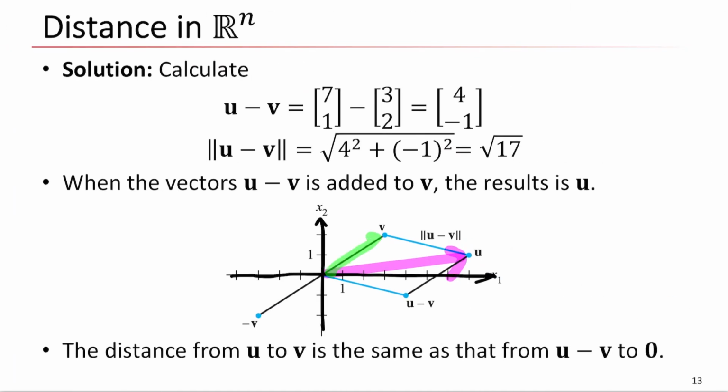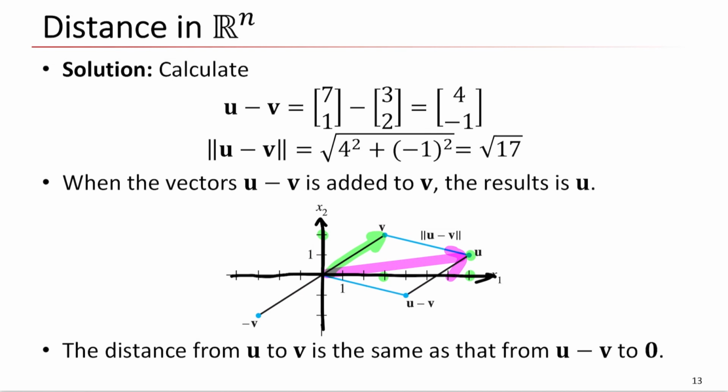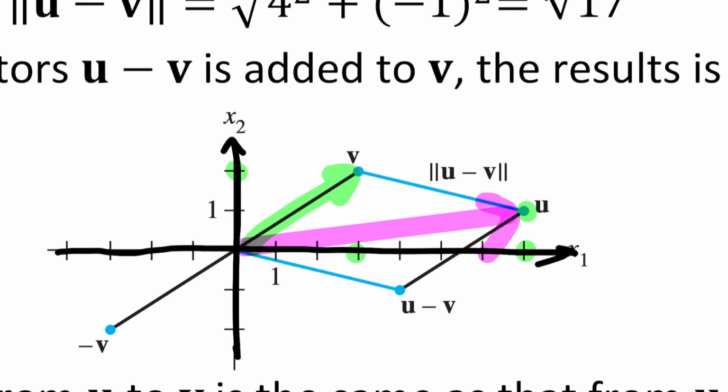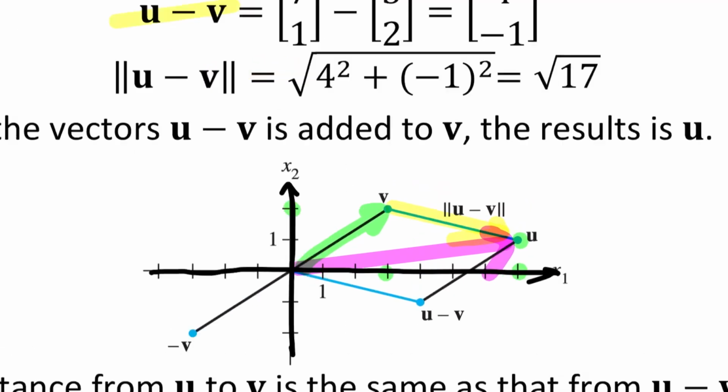And vector V is something like this. Why? 3, 2 and 7, 1, right? Then what is U minus V? In here, U minus V means this vector, right?